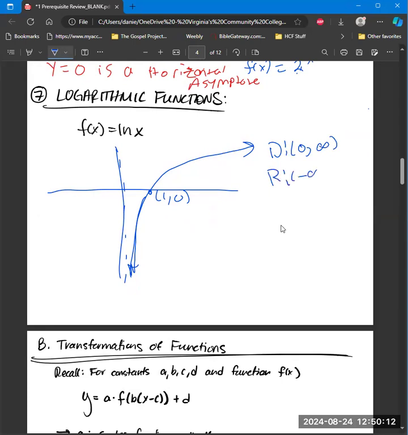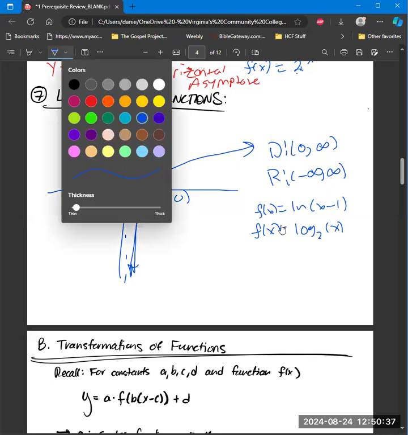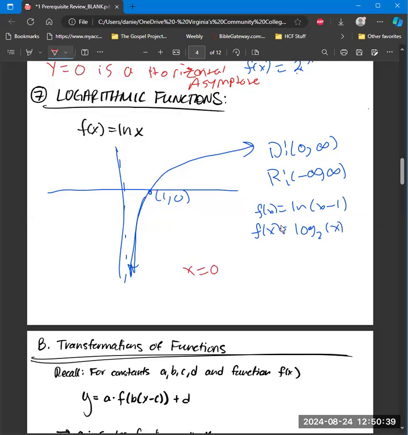Range is going to be negative infinity to infinity. And we may have, like we have here, natural log, or we may have logs of other bases. So we may have something like f of x is equal to ln x minus 1, or f of x is equal to maybe log base 2 of x. Key note here, though, x equals 0 is a vertical asymptote.